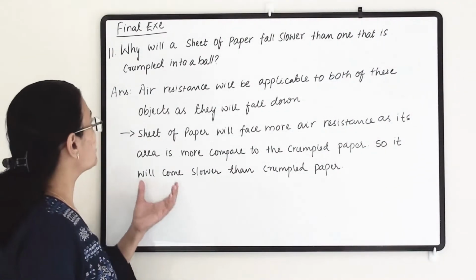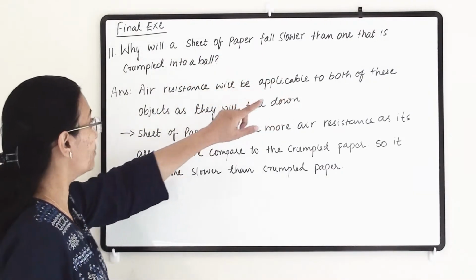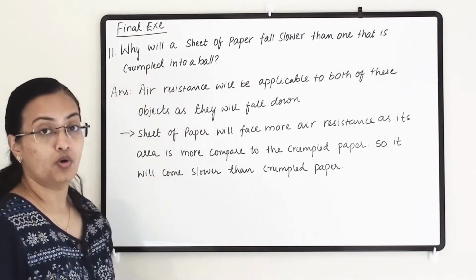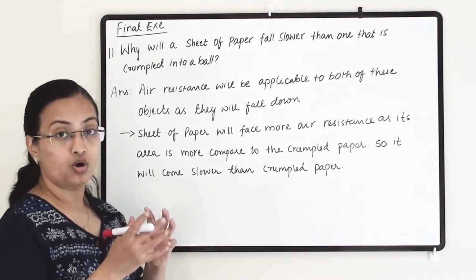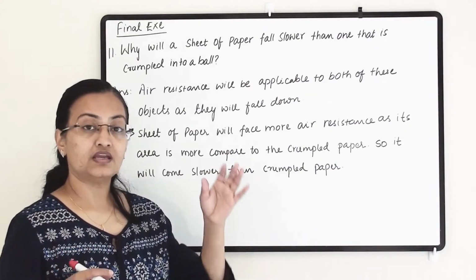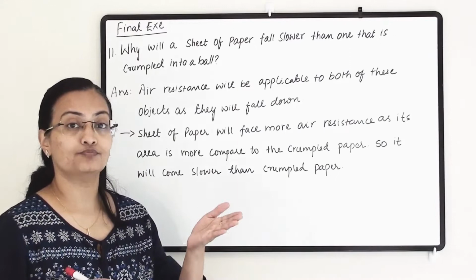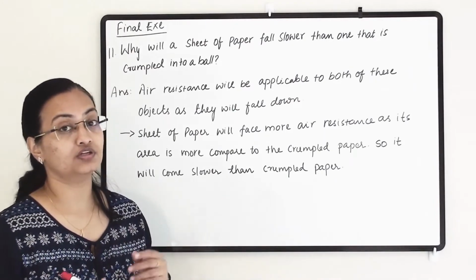Our 11th question is, why will a sheet of paper fall slower than one that is crumpled into a ball? So you are making a ball of paper and one plain sheet of paper, and you make them fall from a certain height, and you will observe that the sheet of paper comes down slower than the crumpled ball.